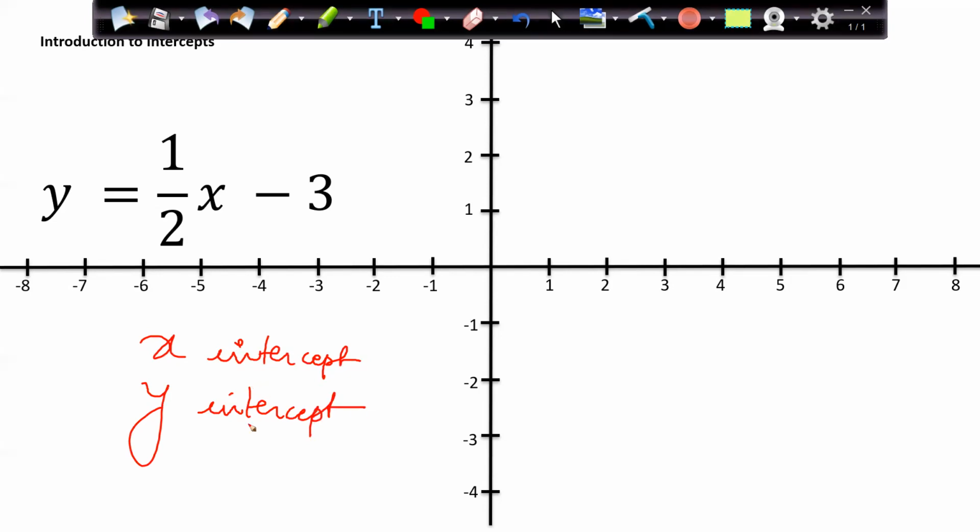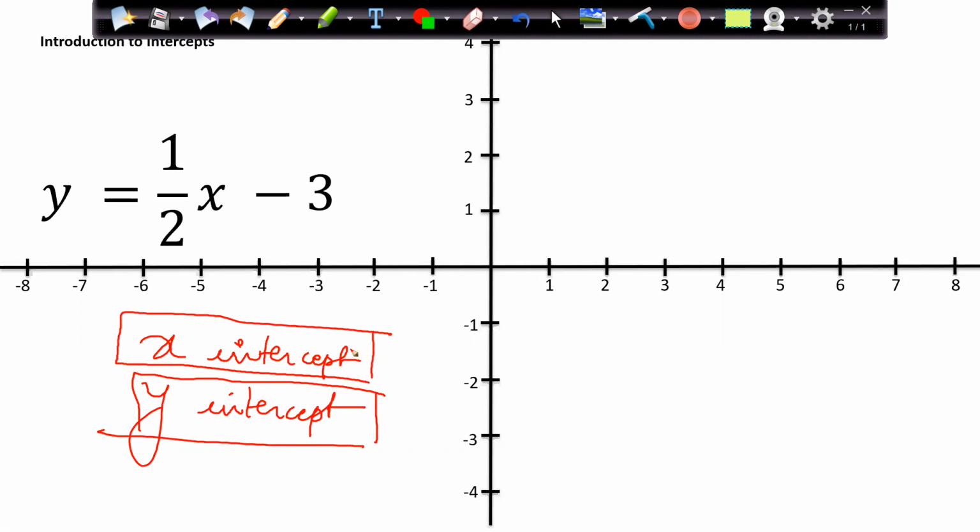When x is equal to 0, what is y? When y is equal to 0, what is x? When x is equal to 0, what is y? It is known as the y-intercept. When y is equal to 0, what is x? It is my x-intercept.